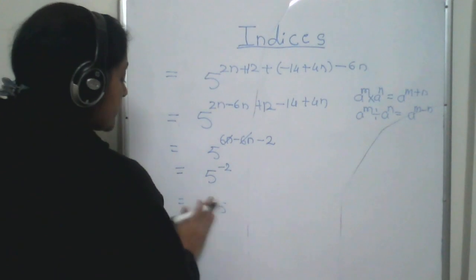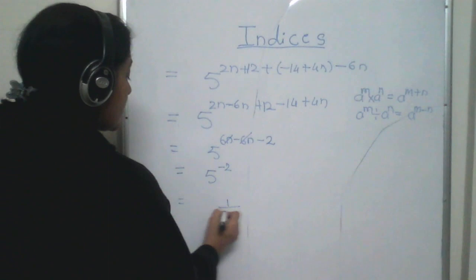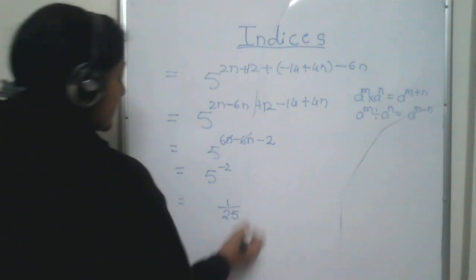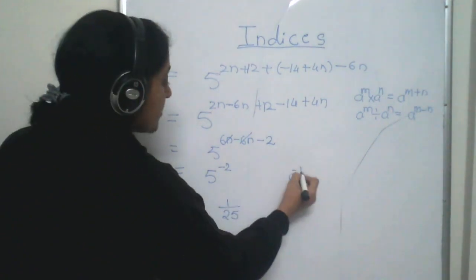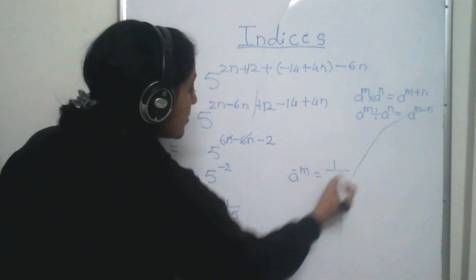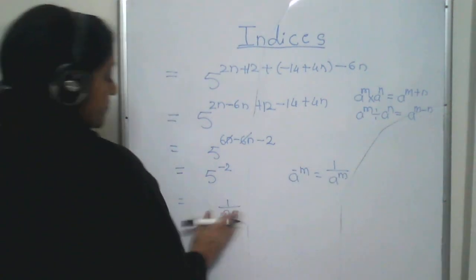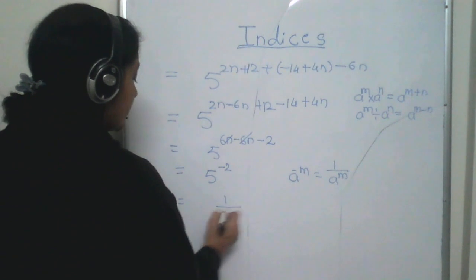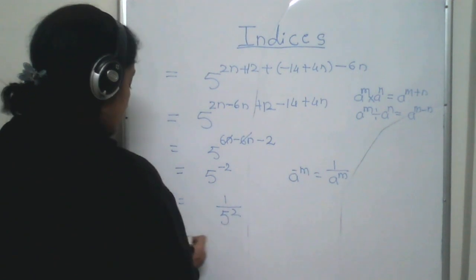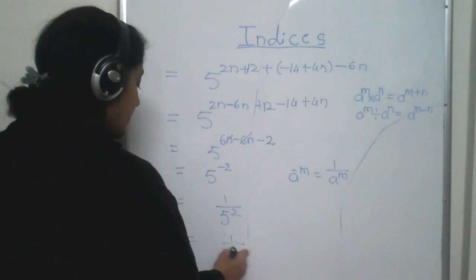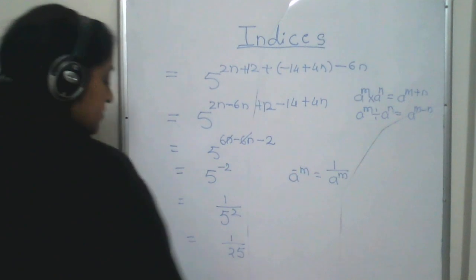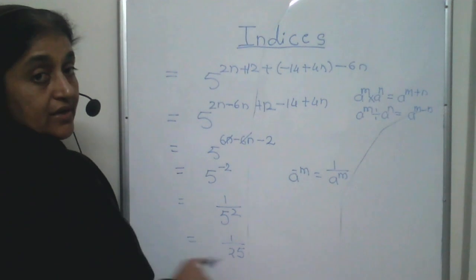We are going to reverse it or take a reciprocal of it, as 25. Why? A to the power minus m is equal to 1 upon a to the power m. Means I'll write and show, 1 upon 5 to the power 2, which is nothing but 1 upon 25.